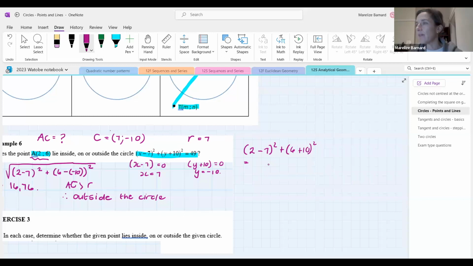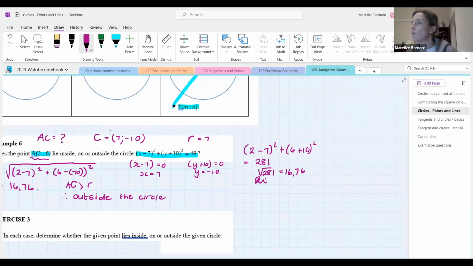And that gave him an answer of 281. And if we square root that 281, it is going to be this 16,76 that we also got.